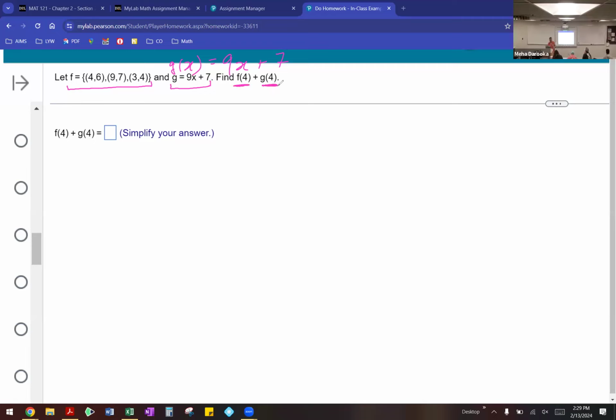So let's do those separately and then we'll add them together. Let's start out by finding F of 4 individually and G of 4. So what is our F of 4 value? Yeah, this time the x value is 4, which means its corresponding y value is going to be 6. And for G of 4, what do we do?